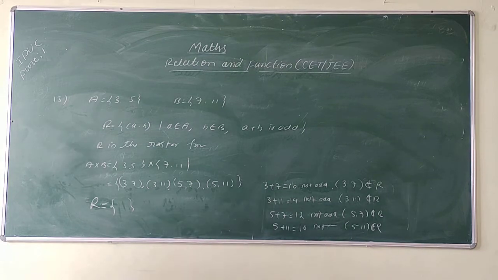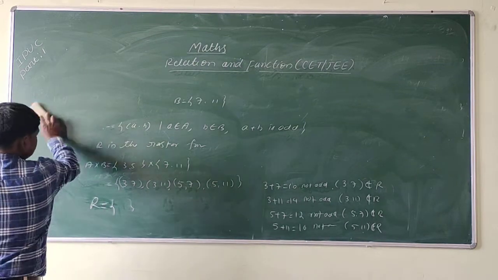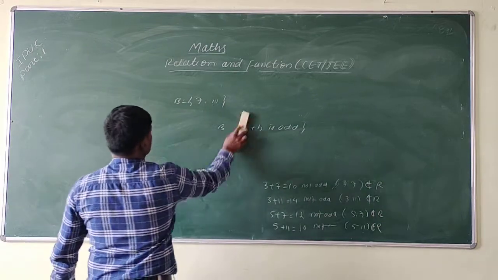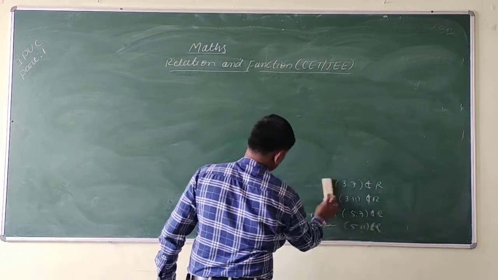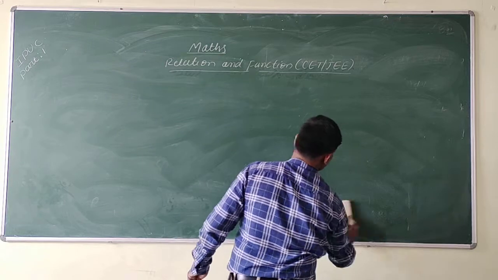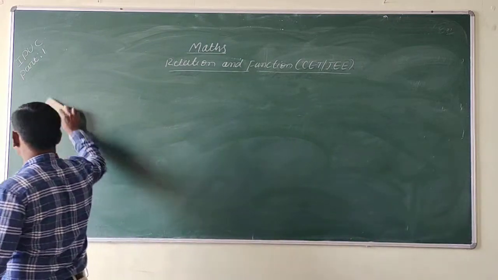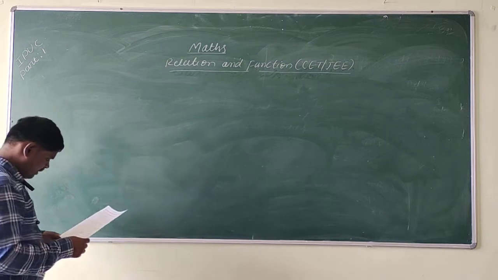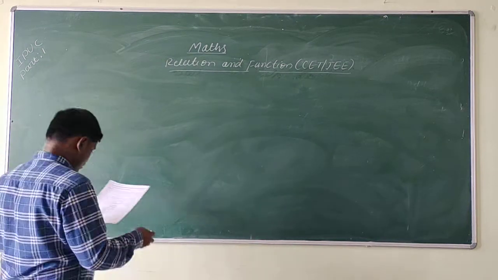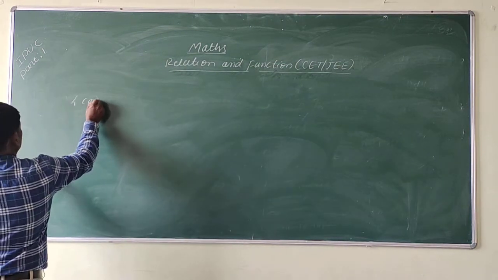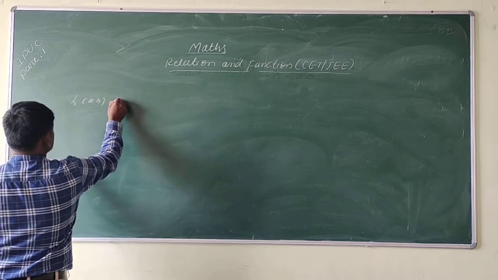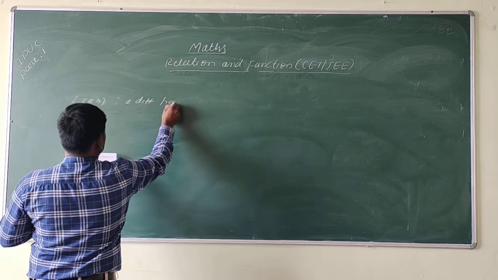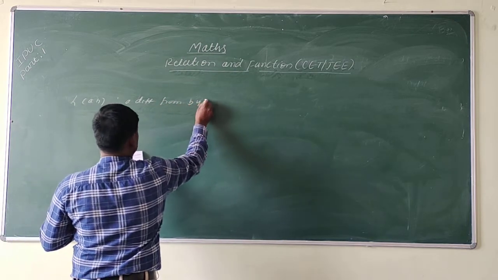Next, question number 14. The relation R is defined on the set of natural numbers as (a, b) such that a differs from b by 3.